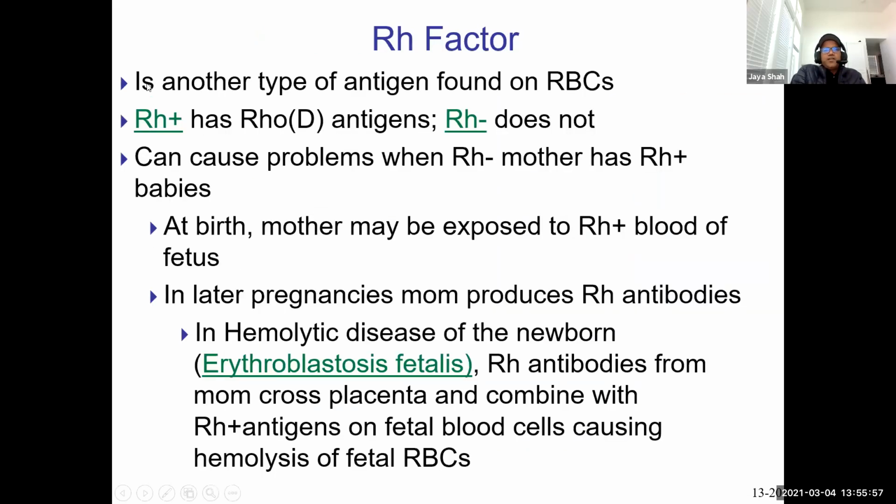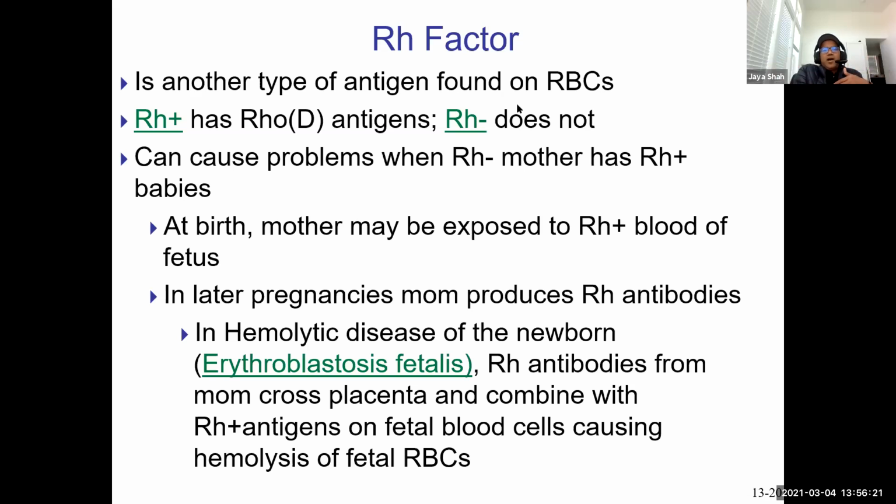Another factor is the RH factor. If you have these RH or Rho antigens, which are protein antigens, not glucose sugar antigens, and you have Rho antigen on your red blood cell, then you are positive. If you have not, then you are negative.